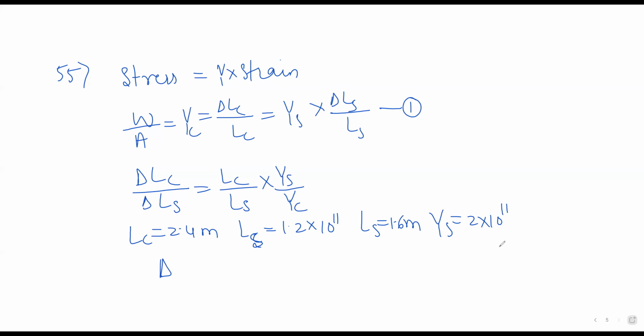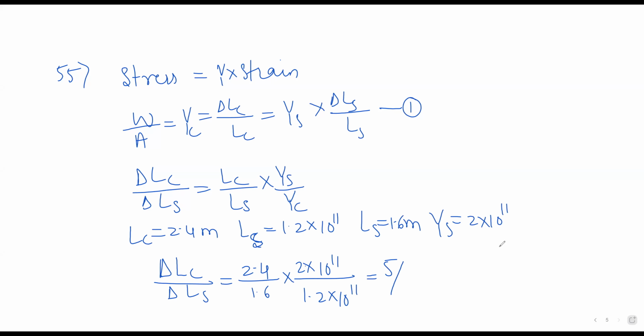So delta Lc divided by delta Ls is equal to 2.4 divided by 1.6 into 2 into 10 to the power of 11 divided by 1.2 into 10 to the power of 11. After simplifying, we get this as 5 by 2. And total elongation we have to calculate.